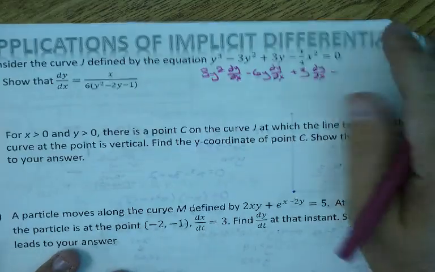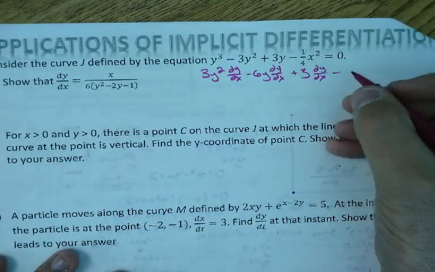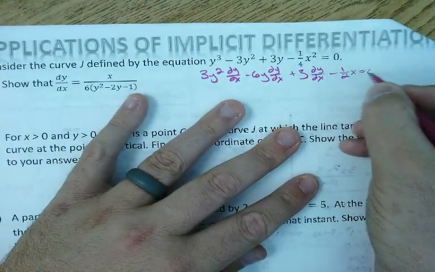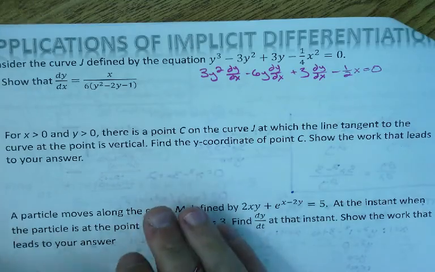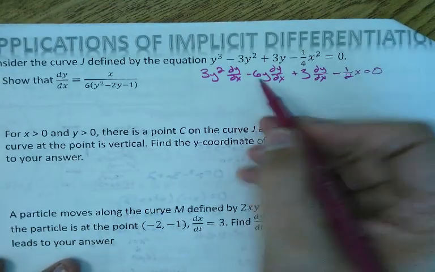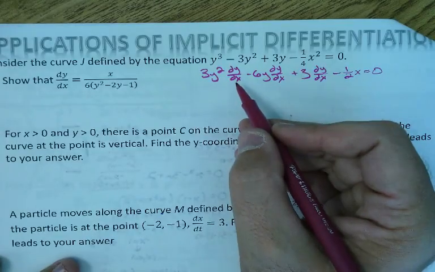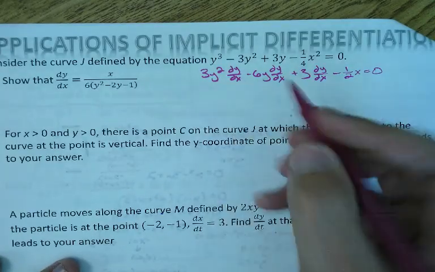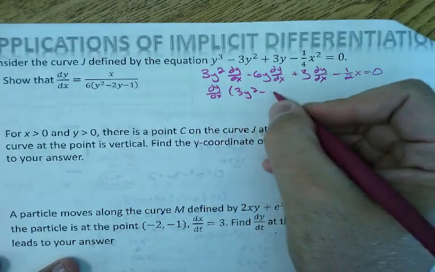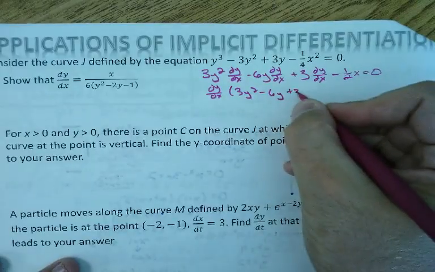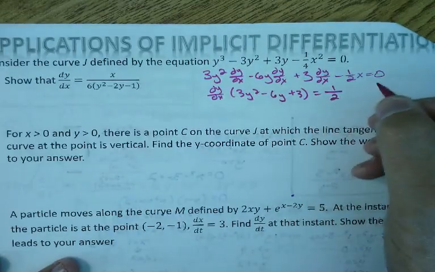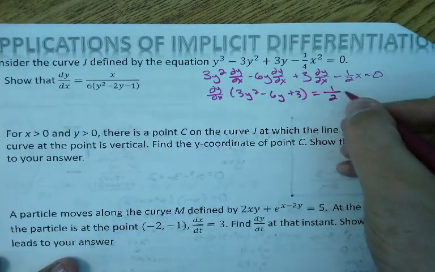Minus 1/2 x. I'm going to add the 1/2 x to the other side. Can I take out the GCF at the same time? Is that going to offend anybody? So dy over dx times 3y squared minus 6y plus 3 equals 1/2 x.